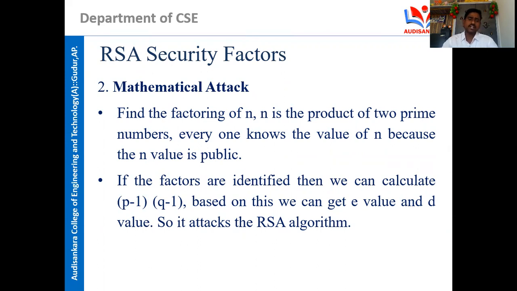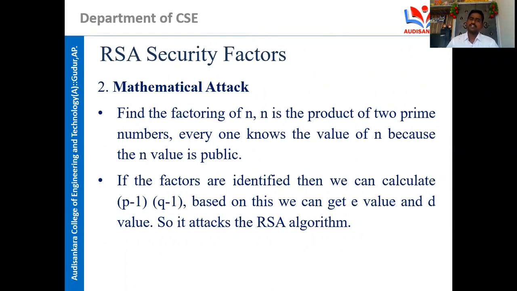And what they try to do is find the factors of n. If the factors are identified, then we can easily calculate p minus 1 and q minus 1. When we find p minus 1 and q minus 1, based on this, we can get the e value and d value. So what is happening here? It attacks the RSA algorithm. That is mathematical attack.